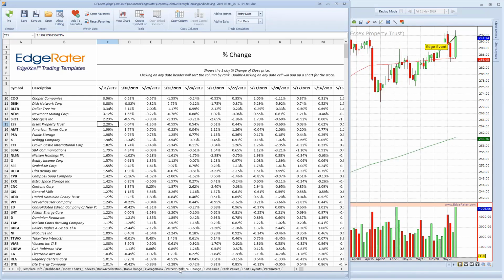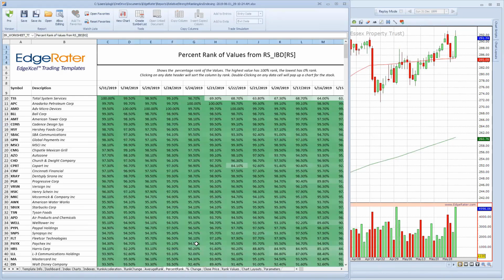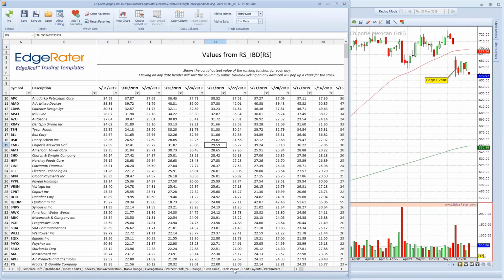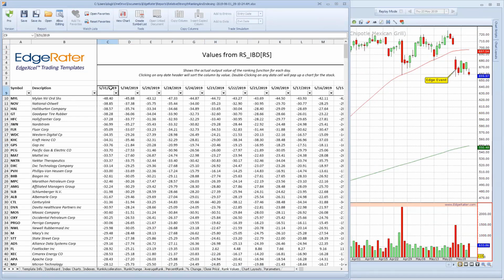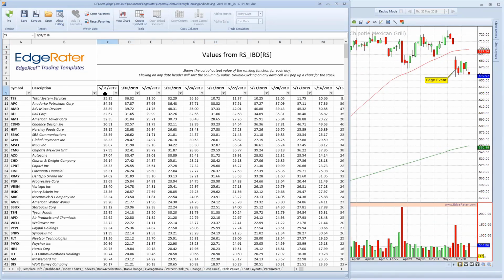So we get on to the more interesting worksheets now. We start getting into percent rank. So the idea of percent rank is it takes your rank value, and let's just sort the rank value by Friday. And at the top of the ranking, there is TSS, followed by Anadarko, and then AMD.